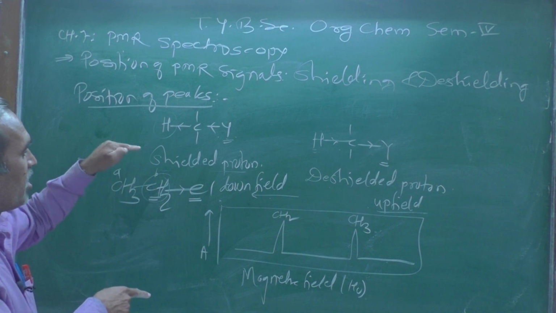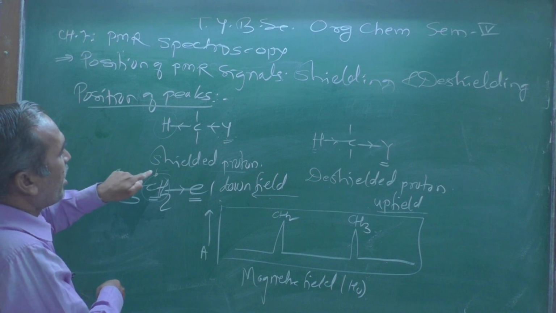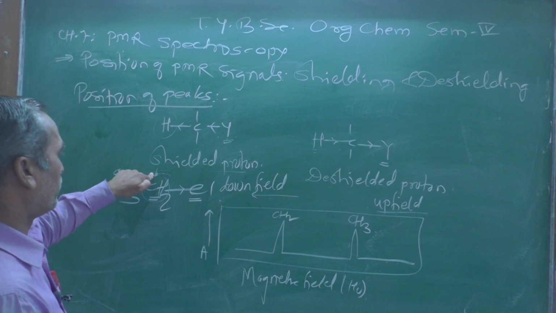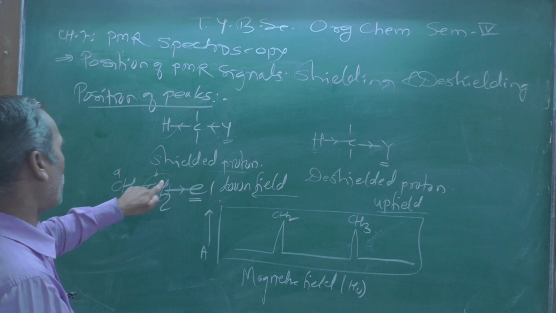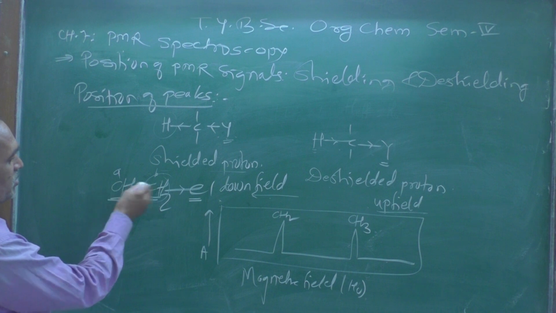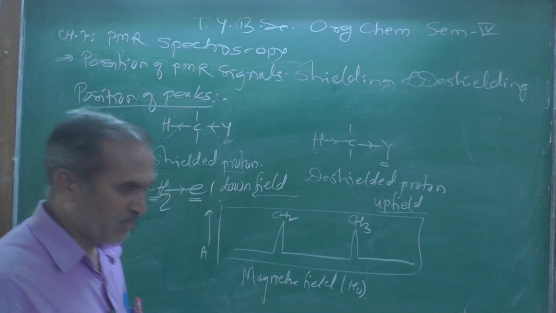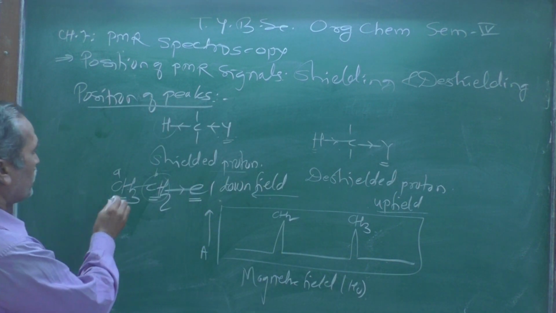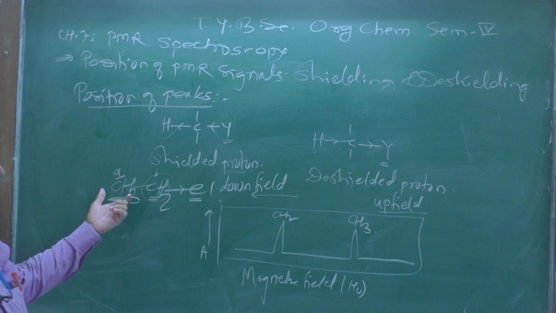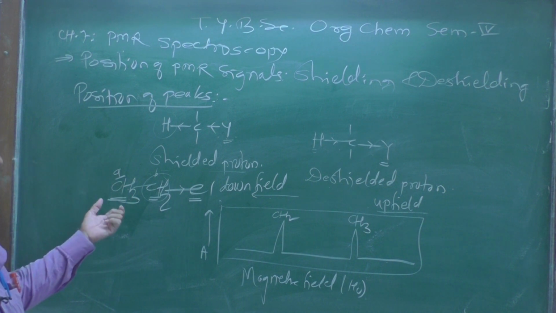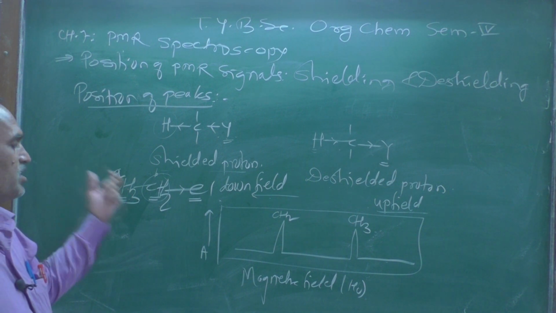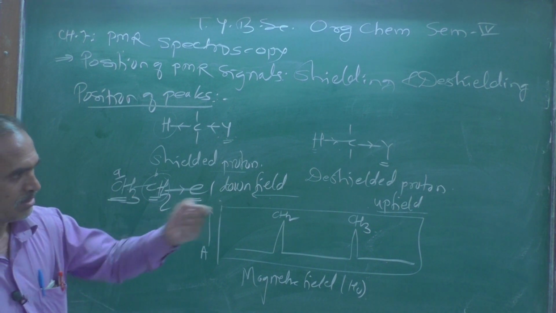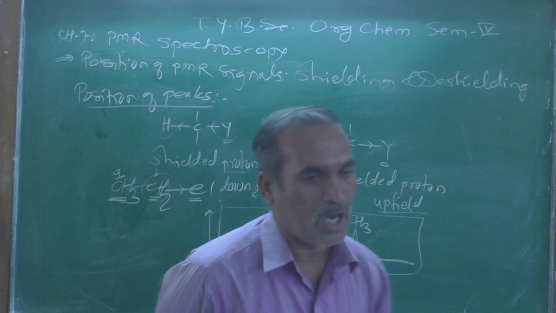De-shielded means the chemical shift value is very high, and they are downfield. As compared to this, the electron withdrawing effect is less over here, and therefore the peak of the methyl protons is observed upfield.